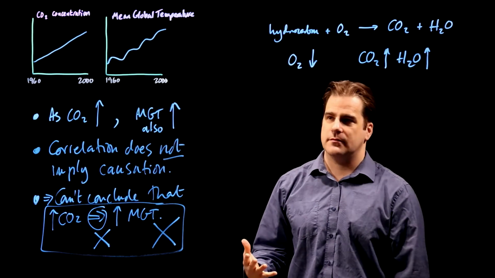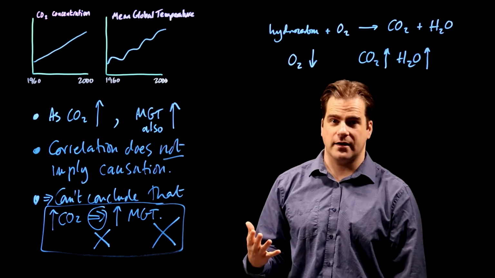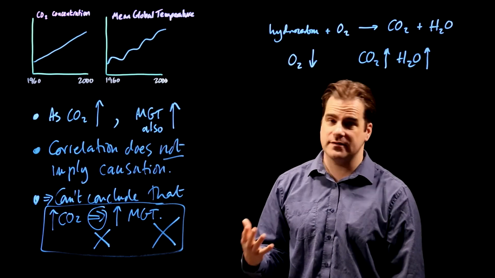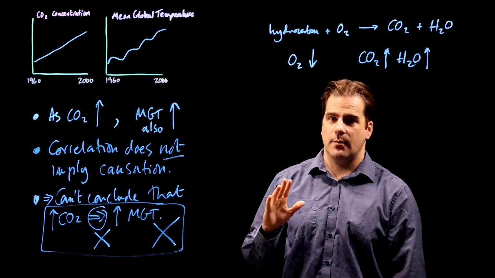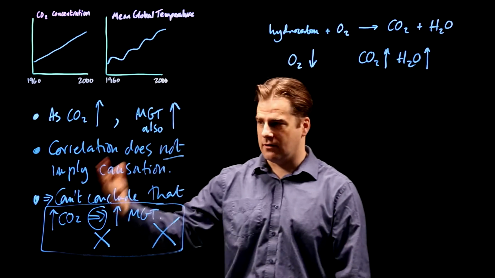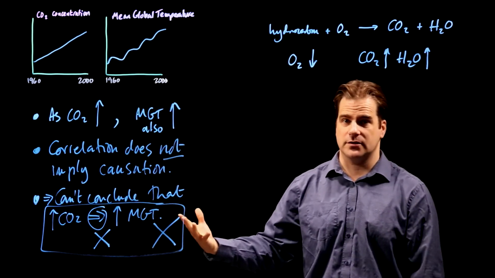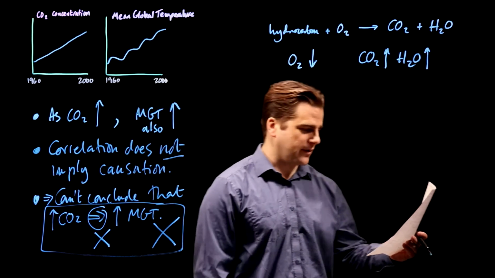I mean, I believe that scientists do think that an increase in CO2 is causing an increase in the mean global temperature, but this is not enough evidence to conclude that. You need a load of other stuff to be able to make that conclusion. Okay, definitely enough. Right, let's go on, carry on.